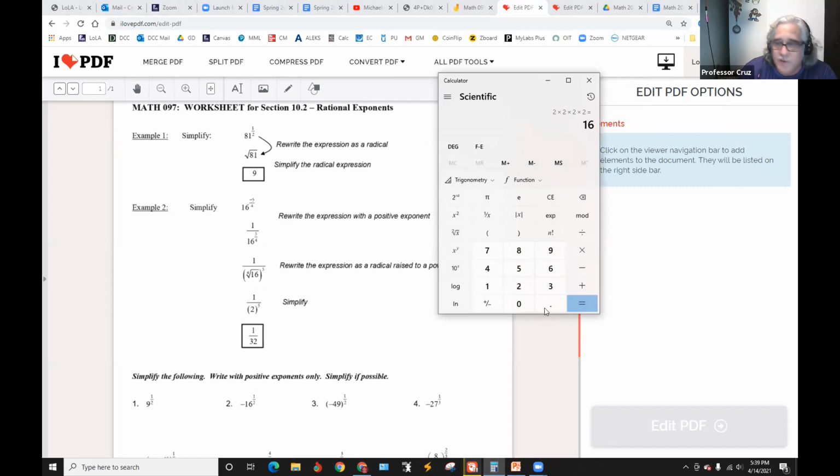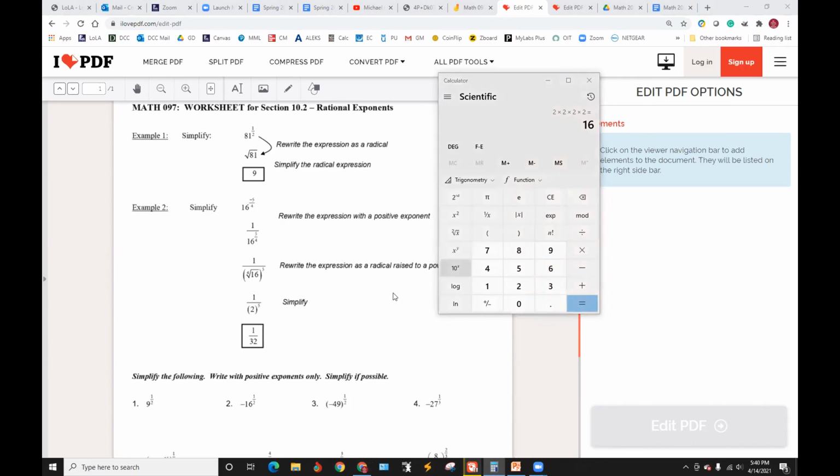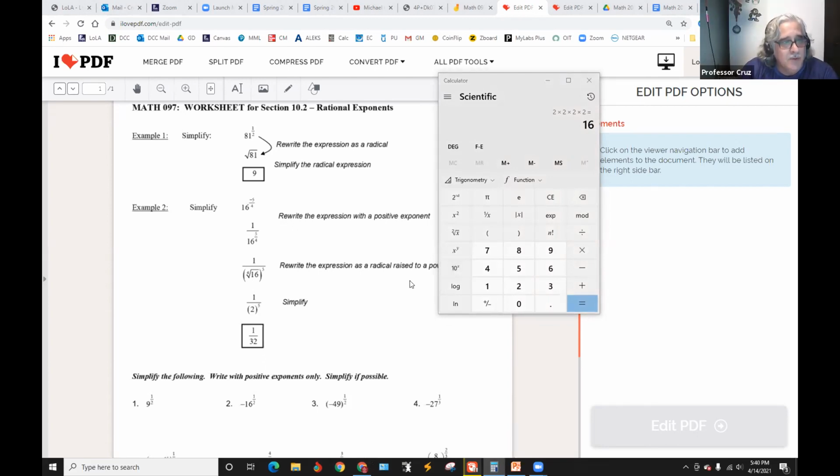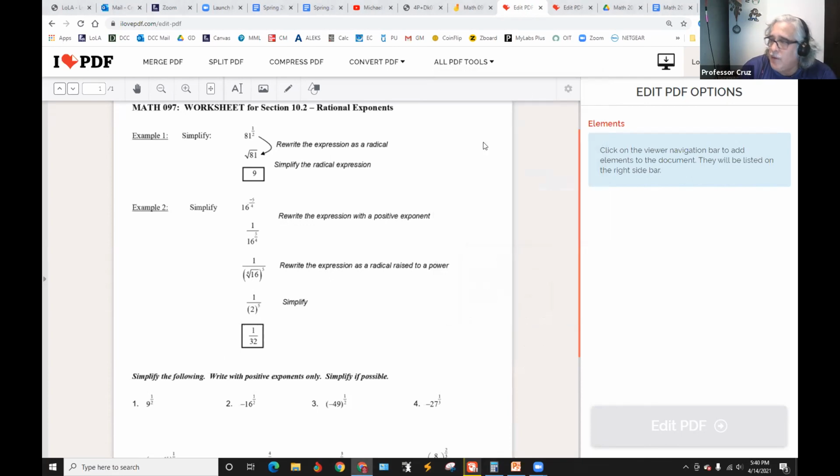That's why the 4th root of 16 is 2. Then we raise it to the 5th power. So that means 2 times 2 times 2 times 2 times 2, or 16 times 2, which is 1/32. All right. Questions?